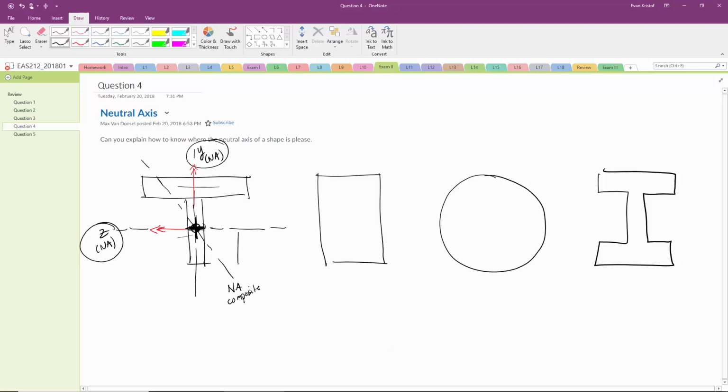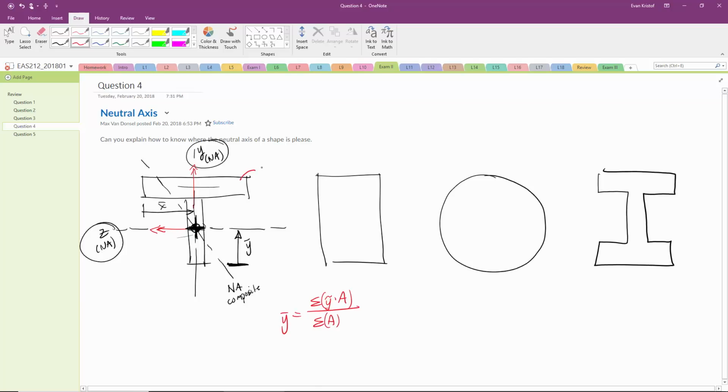And so another way to think about that is, in some of the examples we call this distance y bar. You could call this distance here x bar if you wanted to. Those are just measured from arbitrary locations, but those axes are passing through the centroid of a shape. So the way that we find, for example, y bar has that equation. It's the first moment of area of each of the individual shapes divided by the summation of the area of all the shapes.